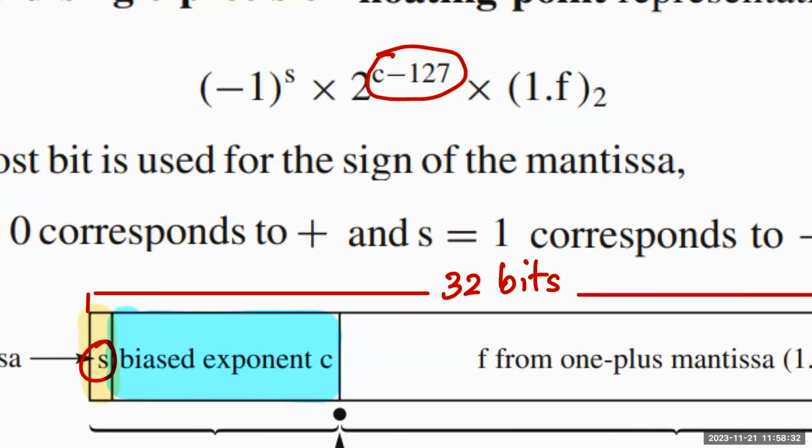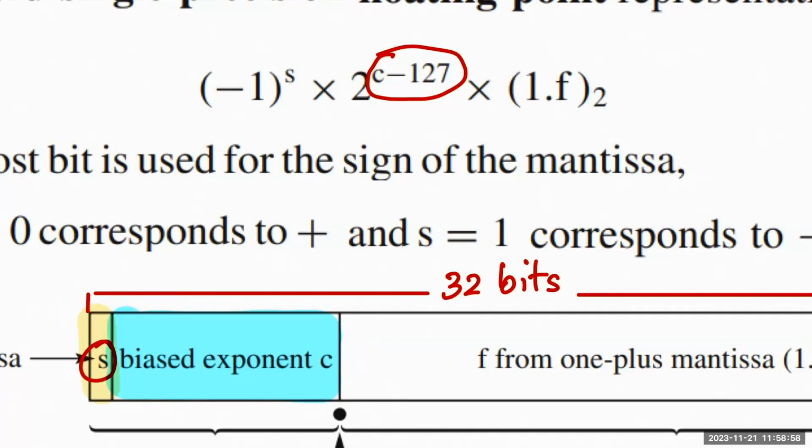Okay. It means that I will scale my number instead of putting 1 bit for sign. I will do it in this way. And I will say that, okay, I will keep the number C. Okay. If C is greater than 127, it's going to be my positive number.